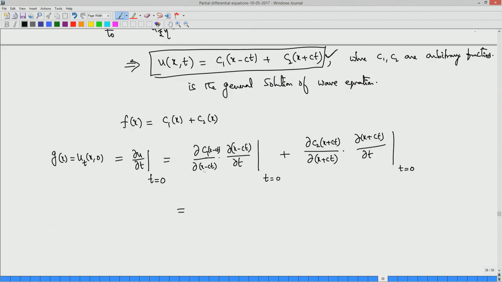So, this is equal to, now we put t equal to 0, this is simply dou C1 by dou x when you put t equal to 0, okay. Now, C1 is a function of x. So, this is simply C1 dash of x, and what you get here is minus c, when you put t equal to 0, that is simply minus c times 1, okay.